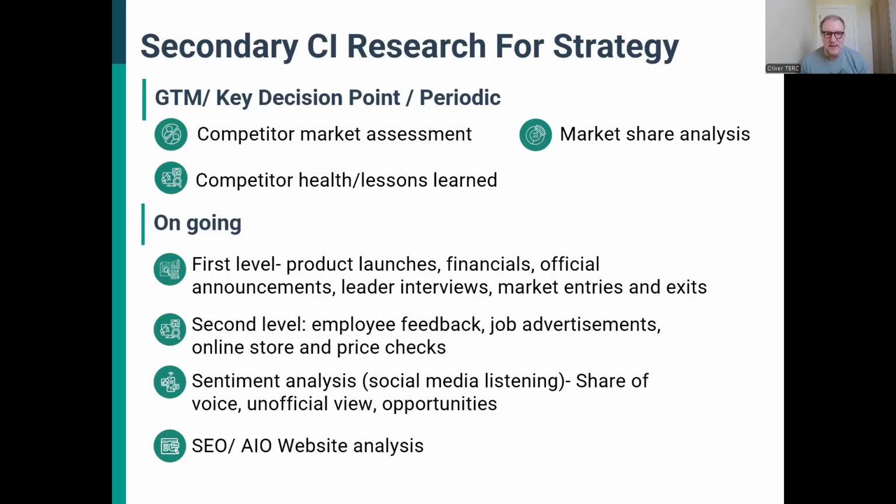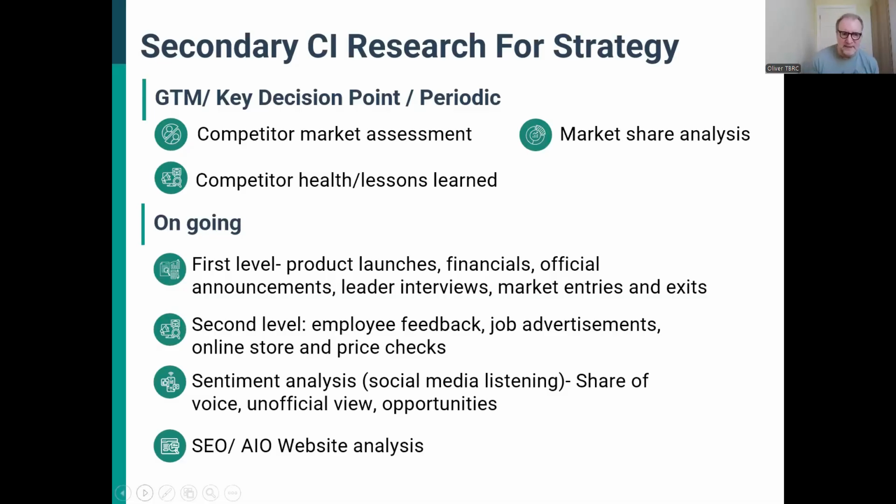And this may be purely secondary. It may often be a combination of secondary and primary research, where you're really taking a snapshot of the market. And I'll show you some examples in the case studies later on of these types of projects.